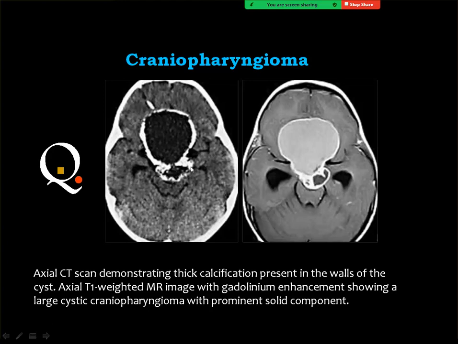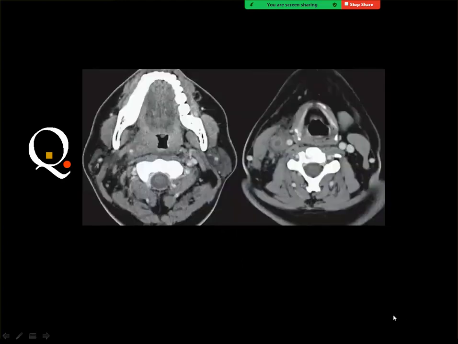In the lectures, I said if you are interested to see calcium on MRI, you should have the gradient image or the susceptibility weighted image. But even this very dense calcium is not seen on MRI because of the minor sensitivity of MRI to calcium.